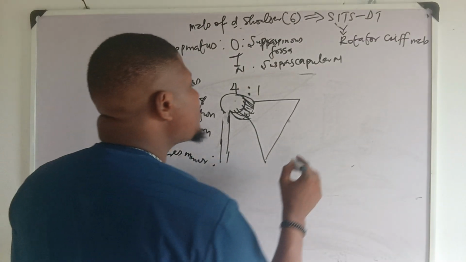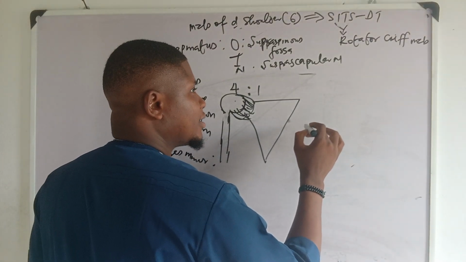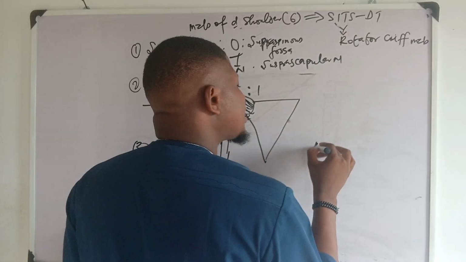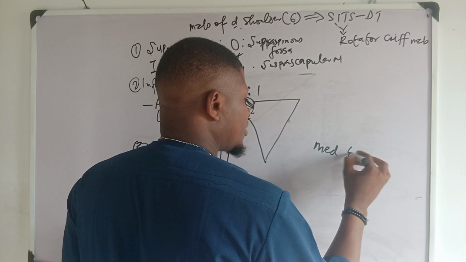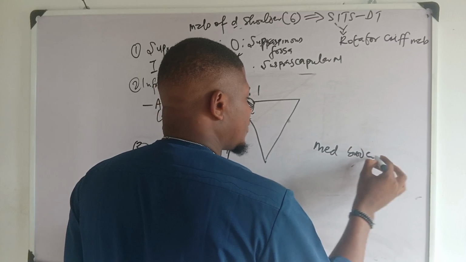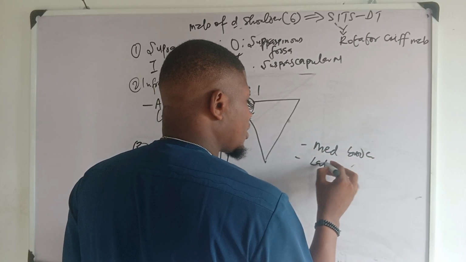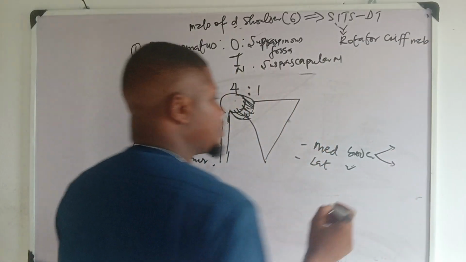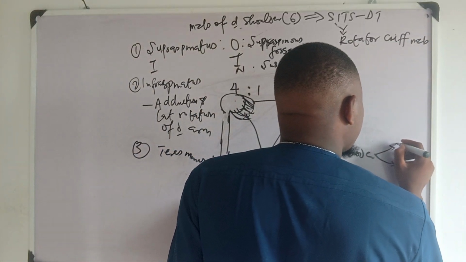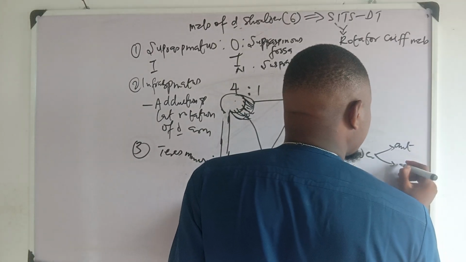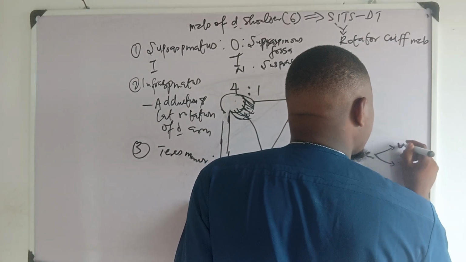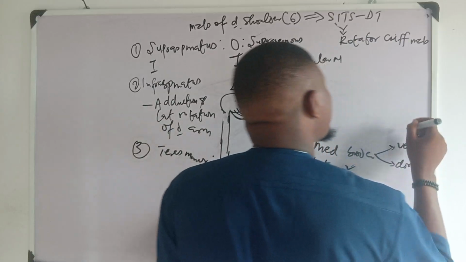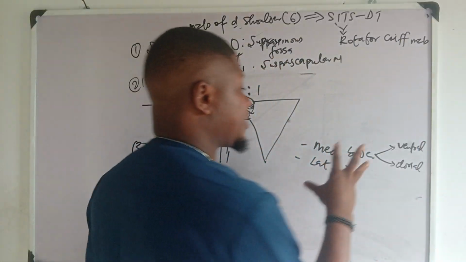Teres minor, the origin. If you remember, we have the medial border of the scapula and we have a lateral border. When we were talking about the medial border, we said it has a ventral and a dorsal aspect. This medial border is an insertion of muscles.